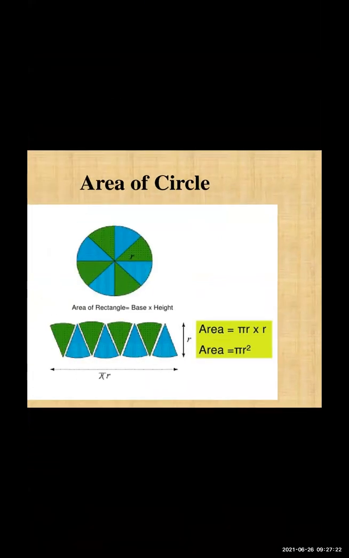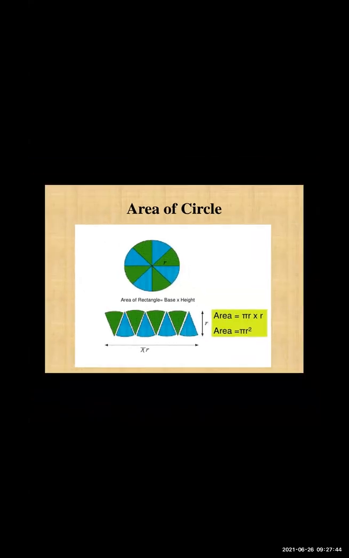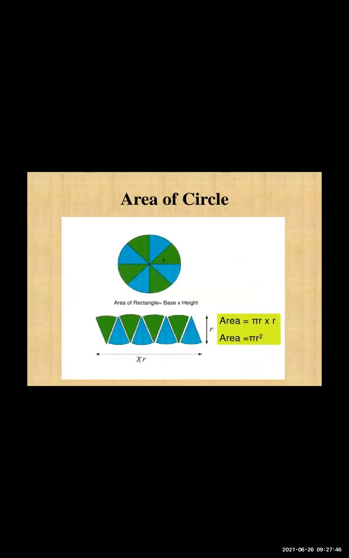If you don't remember all this process, don't worry. Just remember the formula that area of circle is equal to pi r square. How it was derived, if it is hectic for you to understand, is completely okay, not at all an issue. What is important while solving an example is that you remember the formula for the area of a circle, and it is pi r square.